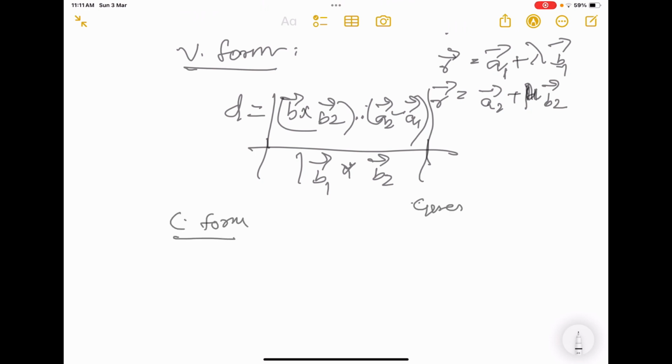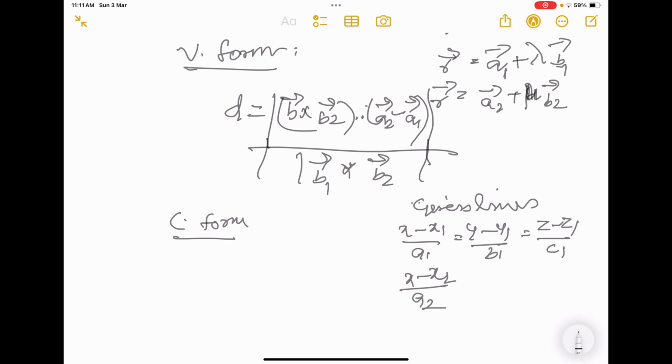Then the next one is Cartesian form. Given lines (x minus x1) by a1 equal to (y minus y1) by b1 equal to (z minus z1) by c1, and (x minus x2) by a2 equal to (y minus y2) by b2 equal to (z minus z2) by c2.